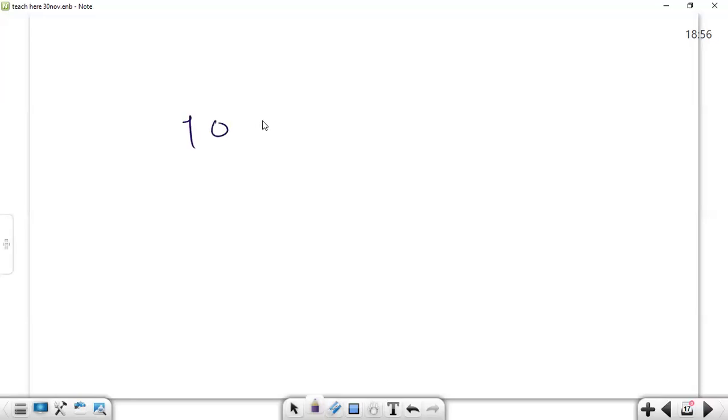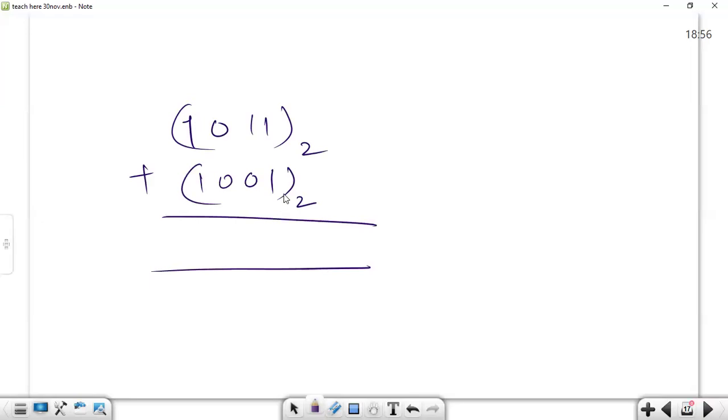Let's take an example. 1011 is a binary number getting added to 1001. Okay. So if 1 gets added to 1, it becomes 0 with 1 carried to the next place. If 1 gets added to 0, it becomes 1, and then further 1 gets added to 1, which is the carry.